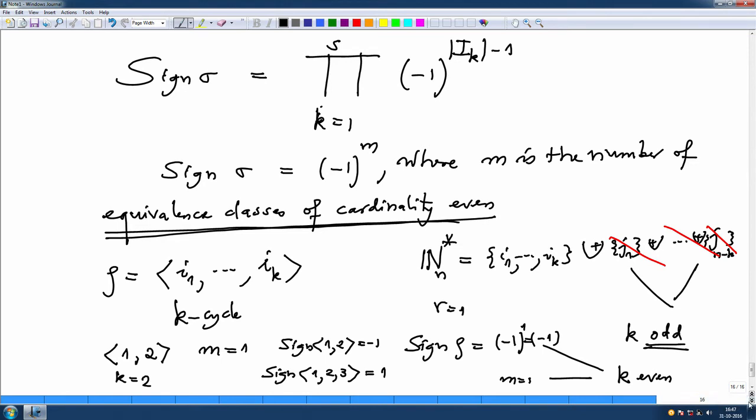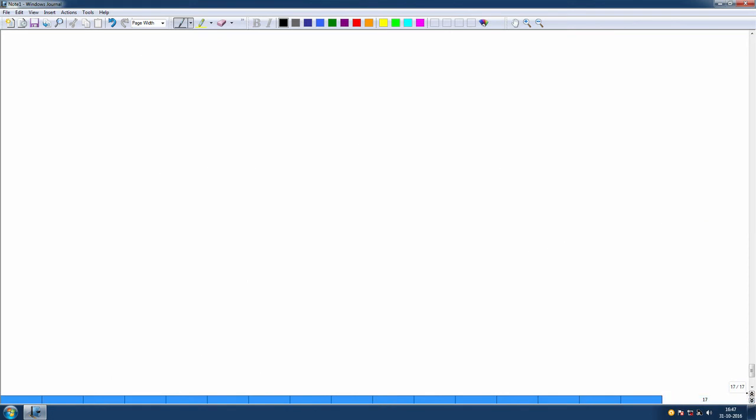And now the most important thing we need to prove is that this will not change. So this is the theorem we need to prove.